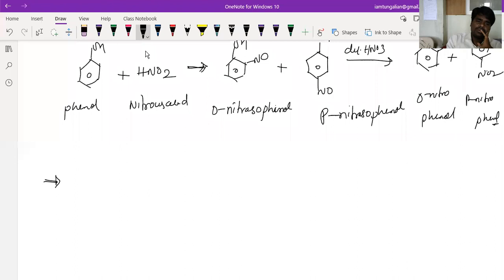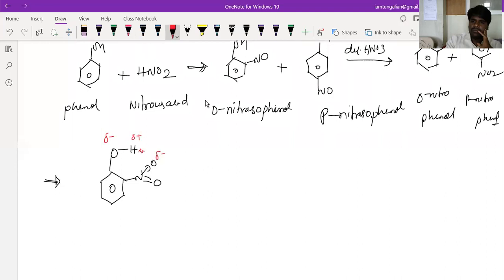One important thing about this I've already told you. Whenever you talk about orthonitrophenol and paranitrophenol, this is your orthonitrophenol. Here, this is partially negative. This is called intramolecular hydrogen bonding.